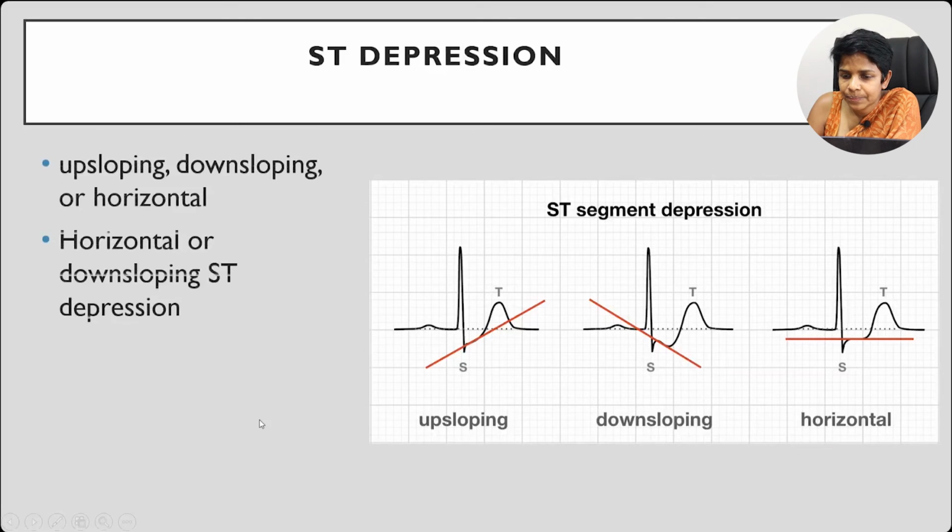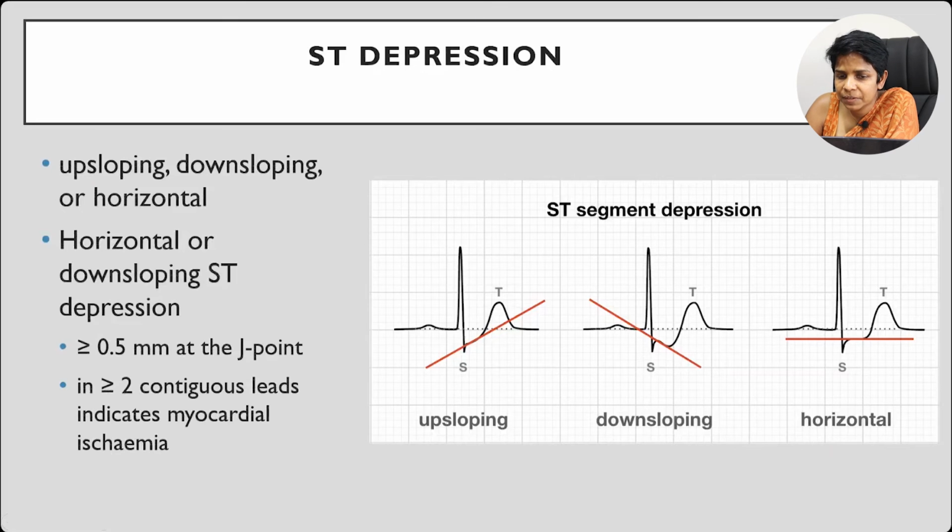ST depressions, to be significant and to be taken as signs of myocardial ischemia, should be either downsloping or horizontal, and should be more than 0.5 millimeter from the J point, and should involve more than 2 contiguous leads.